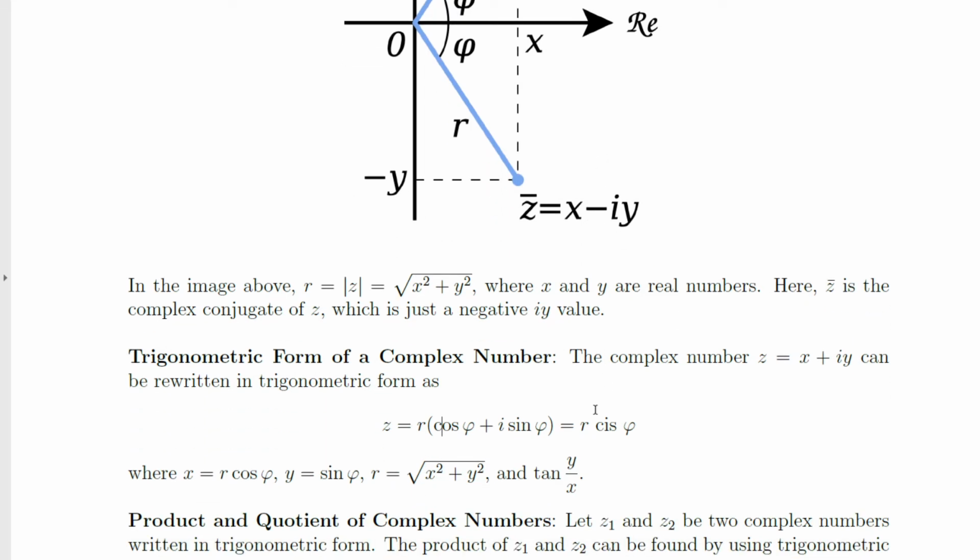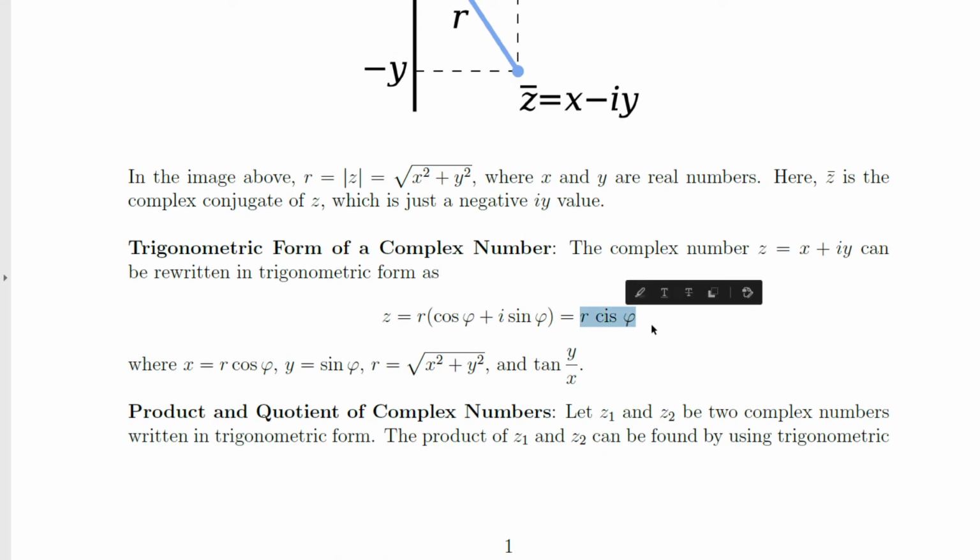So it's pretty cool. There's a way that we represent this in math. It's called the cis. So r cis phi is just taking this whole thing. The cis part is just the cosine phi plus i sine phi. Here you have the cosine, the i, and the sine. That's just the way that we represent it.